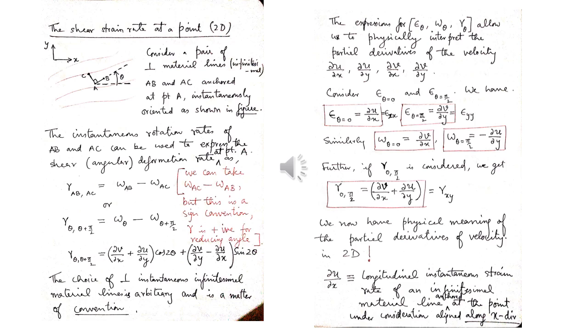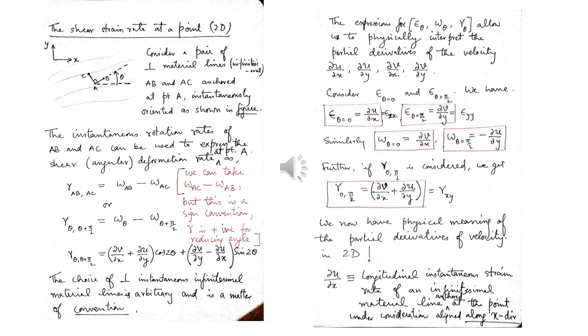This special combination, del v del x plus del u del y, gives you the instantaneous shear strain rate between a pair of mutually perpendicular infinitesimal material lines, one directed along x and the other directed along y.